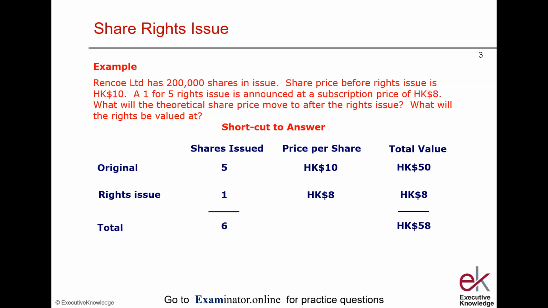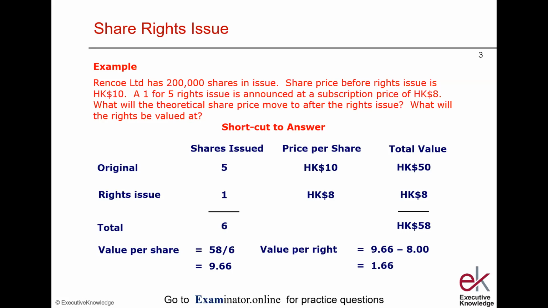It is now very simple to calculate the value per share, the theoretical ex-rights share price. We take 58 total value divided by the number of shares, 6, giving $9.66. And as before, the value per right is the theoretical ex-rights price of $9.66 minus what you pay, the subscription price for the rights issue, $8. That gives $1.66.